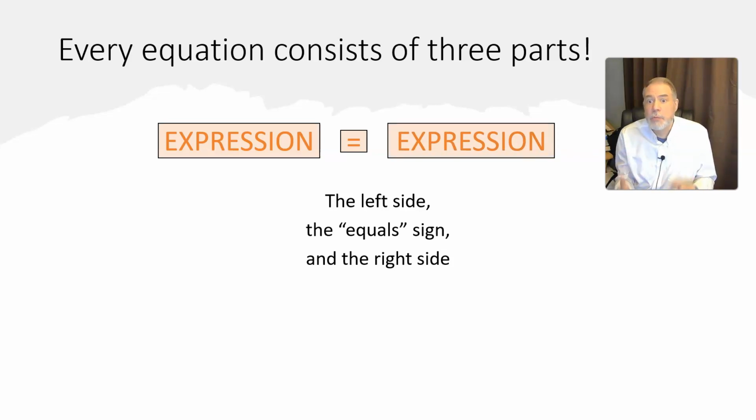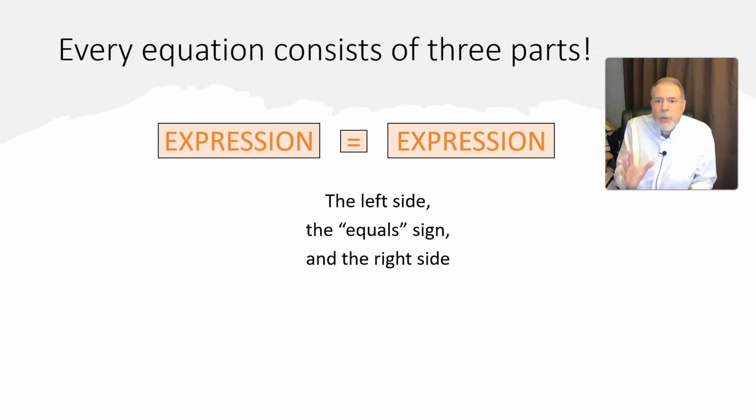And that expression might just be an individual number, it might be more than one number added or subtracted or multiplied, it might be some really complicated algebraic expression. But what I've seen some beginning algebra students get confused about is that they lose track of where the equal sign is, and things that were supposed to be on one side end up on the other side.